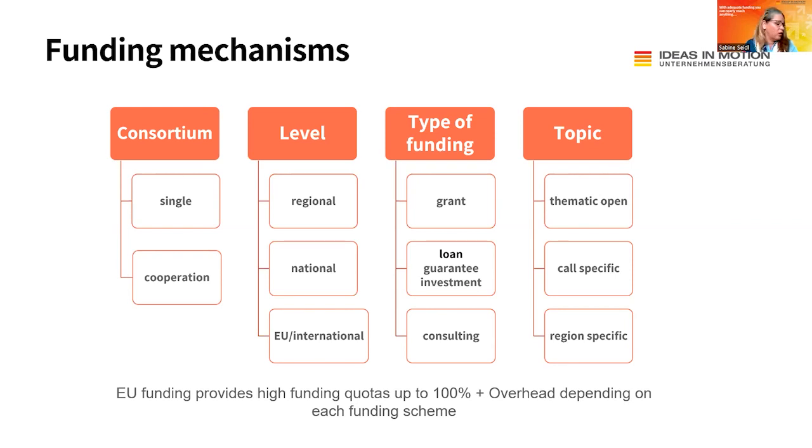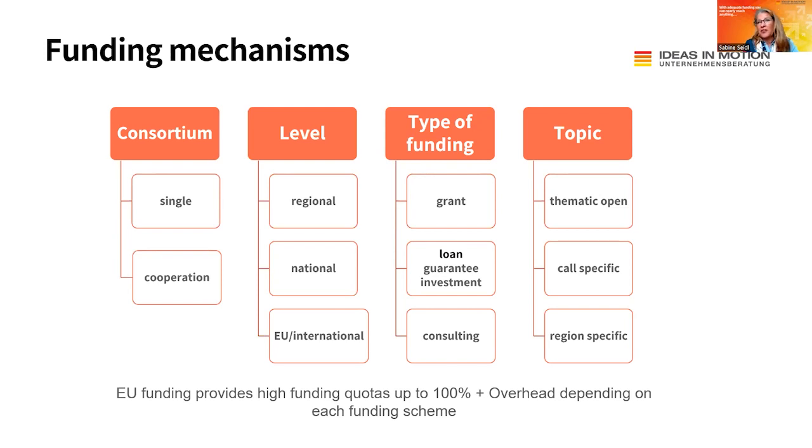So if you fear to get in touch with the Commission, there are some funding schemes which are administrated at national level. For Austria, for example, FFG is a very good contact point. So it's also the first step to get in touch with funding chances.